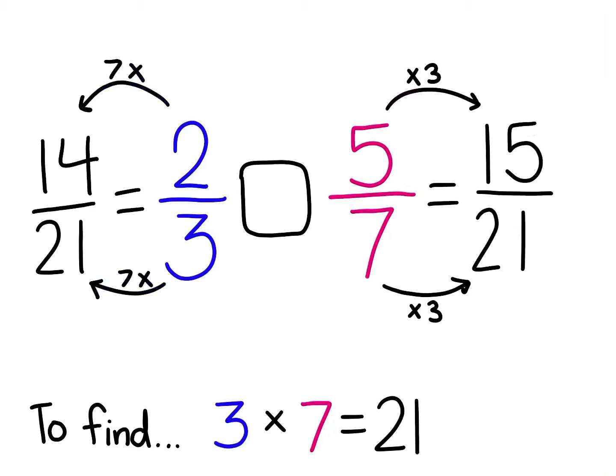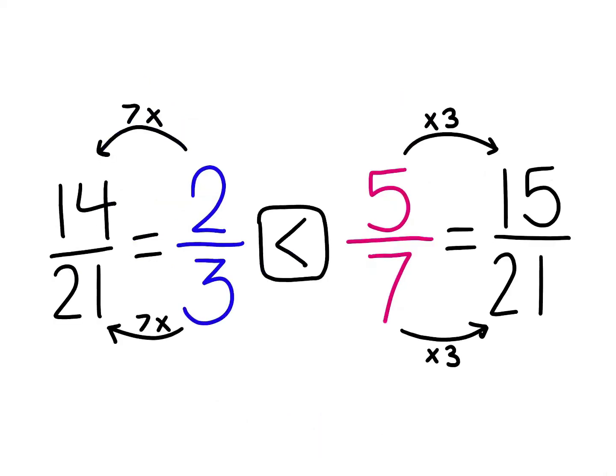Now for 2/3. We multiplied the denominator times 7, which gave us our new denominator of 21. We must multiply our numerator times 7, 2 times 7, to find our new numerator of 14. Now that we have equivalent fractions with a common denominator, we can compare 2/3 and 5/7. 2/3 is less than 5/7.